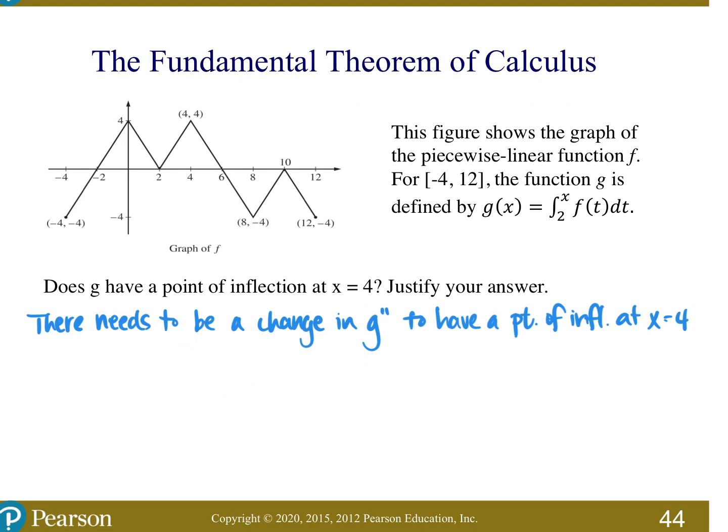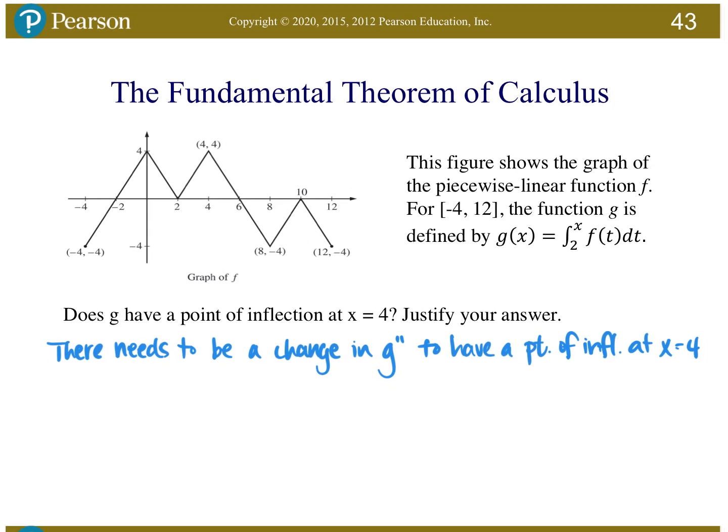And what was G double prime? Well, G double prime is the same thing as F single prime. So there needs to be a change in F single prime. F single prime would be a change in the slope of the graph that we're looking at.